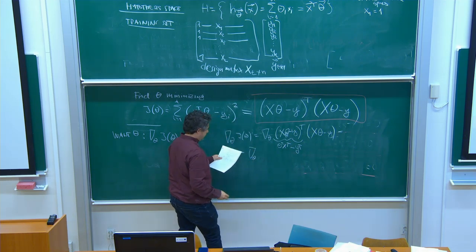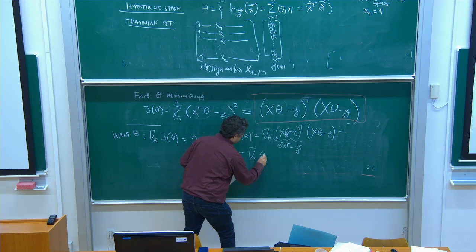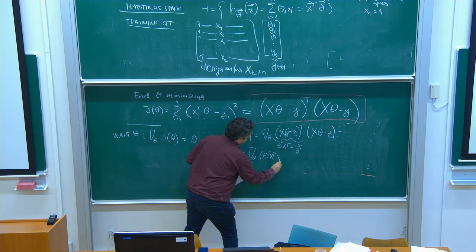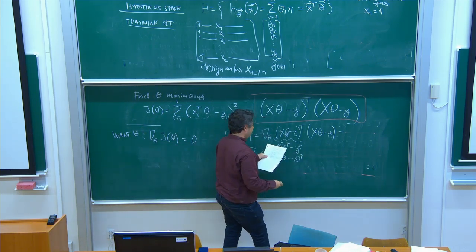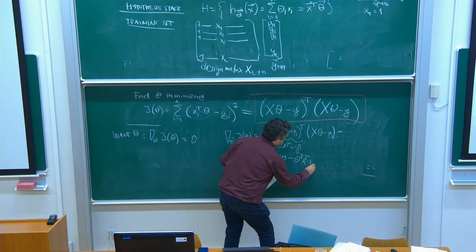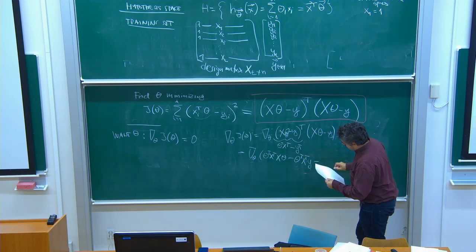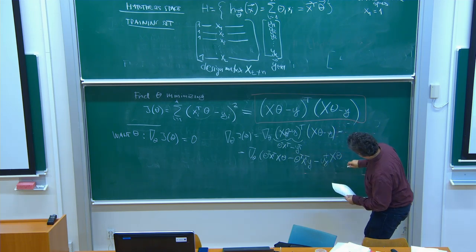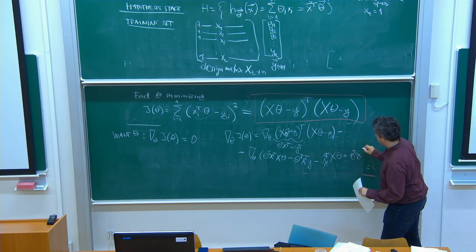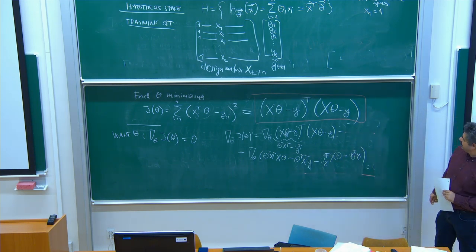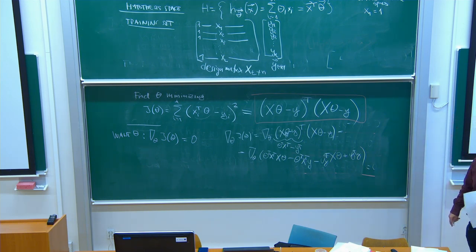This will be the gradient of theta transpose x transpose x theta, minus theta transpose x transpose y, minus y transpose x theta, plus y transpose y. I just use distributivity.